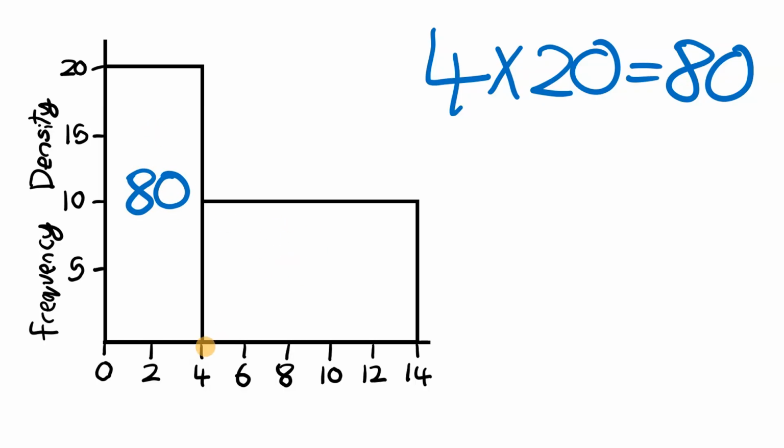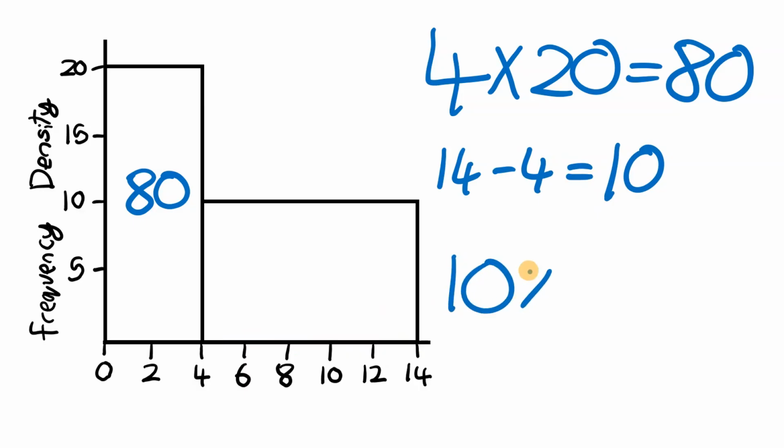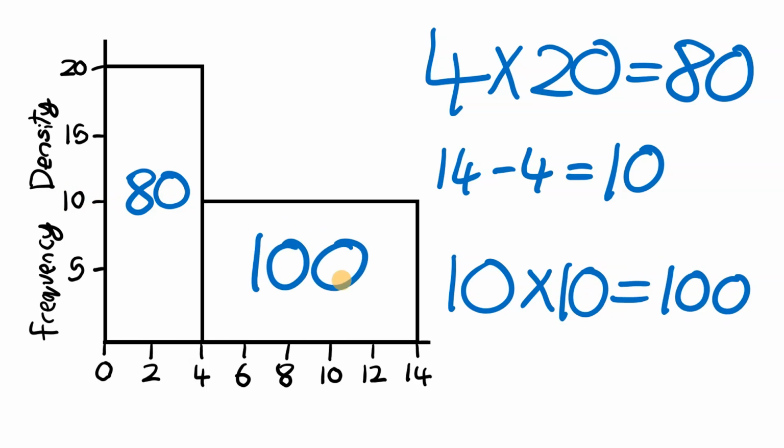Now if we look at this one, it goes from 4 to 14, so 14 minus 4 is equal to 10, so this is the width of the bar. It's going to be 10 multiplied by the height of the bar, which comes up to 10, so 10 times 10 is equal to 100. So the frequency of this bar here is 100.